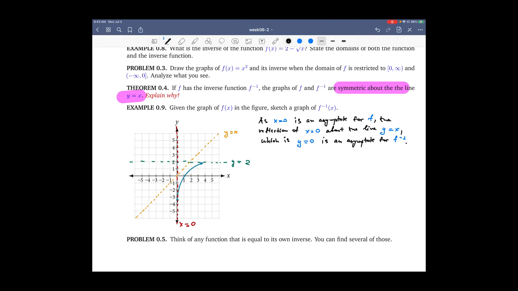Similar reasoning should work for the line y equals 2. What is the reflection of the line y equals 2 about the line y equals x?